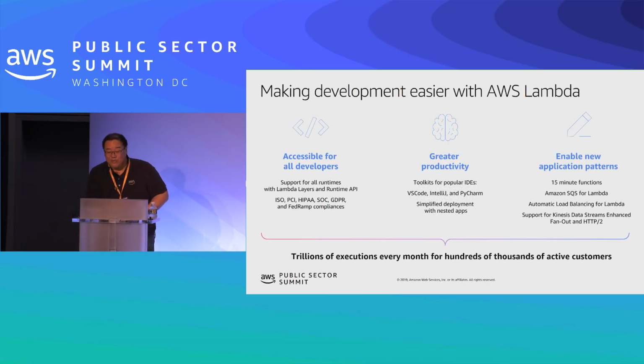So aside from the operational responsibility value prop for things like Lambda, it's also a good service to look at from the perspective of increasing the productivity and empowering your application development teams to get more done, right? We support, as I said, basically any programming runtime now that you can come up with, just about. But even out of the box, there are some long-established runtimes that we already supported.